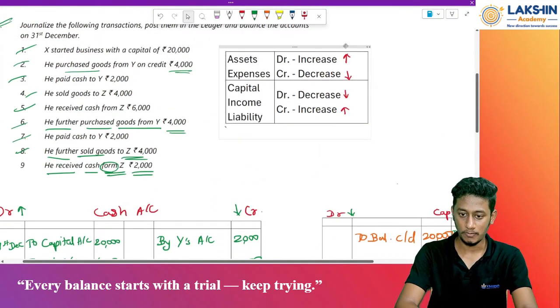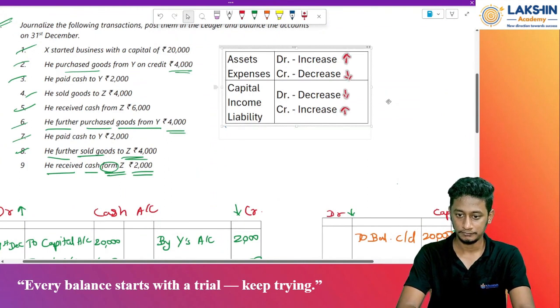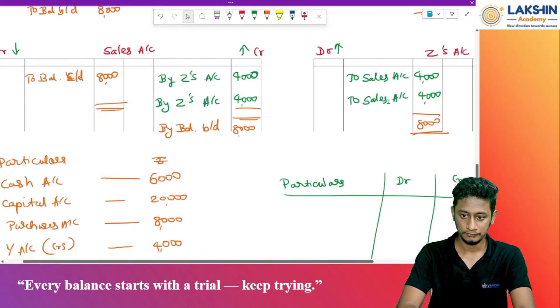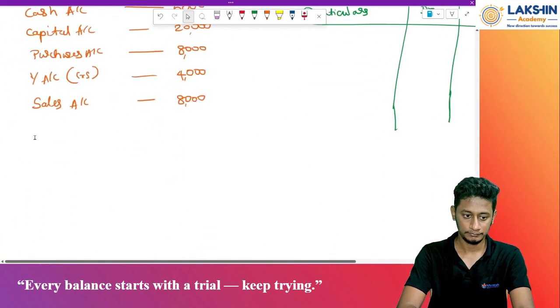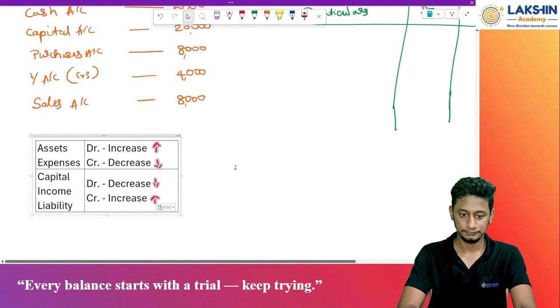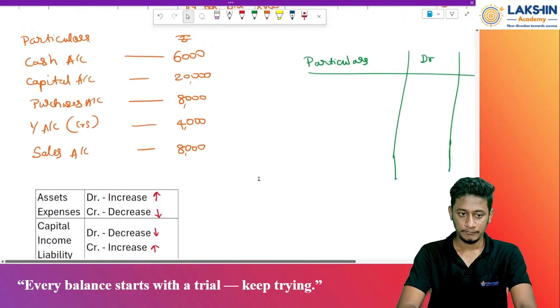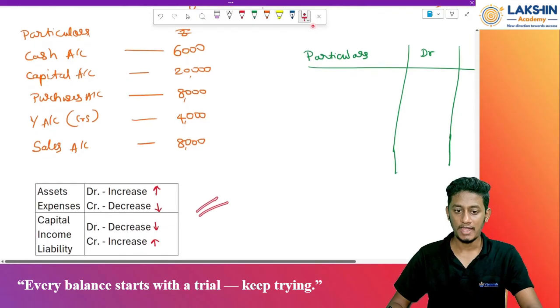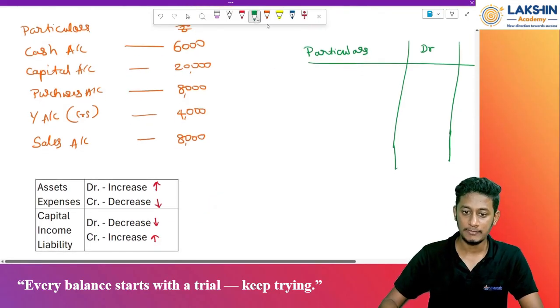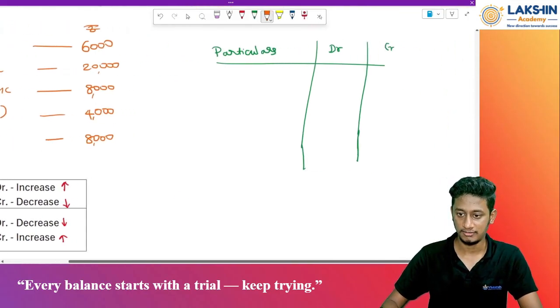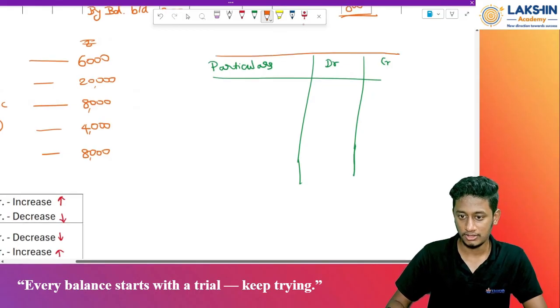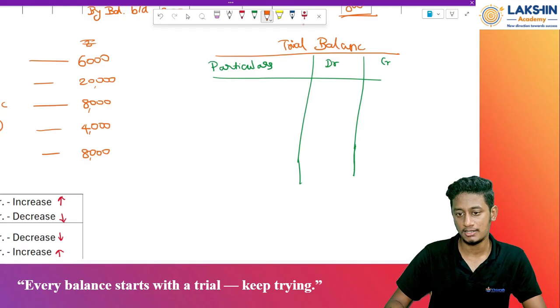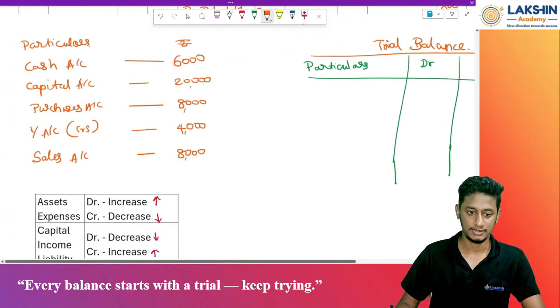First of all, let me just copy this. Now let us look at the rule and prepare a trial balance simultaneously. This is my trial balance.